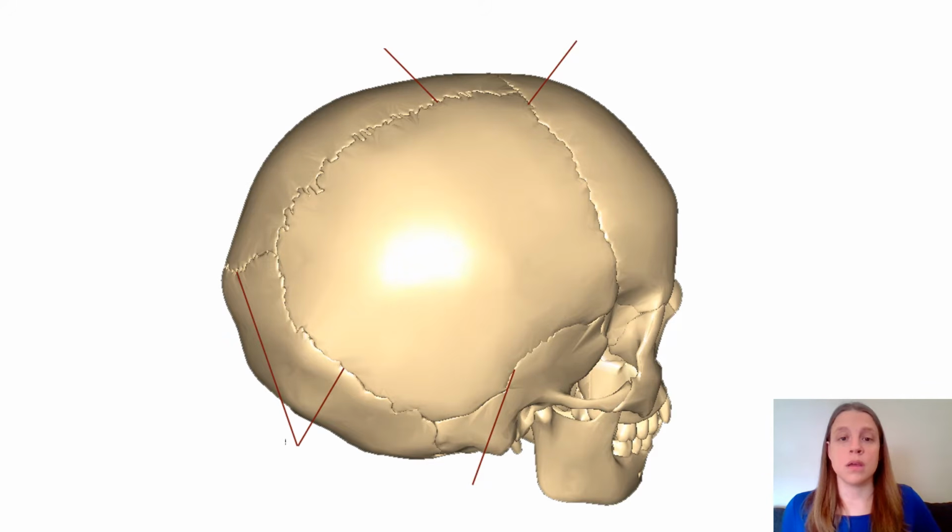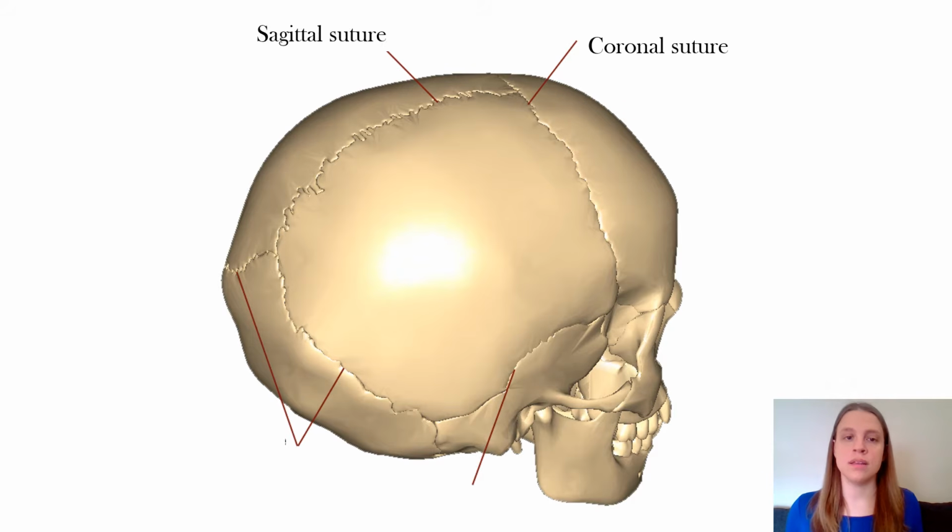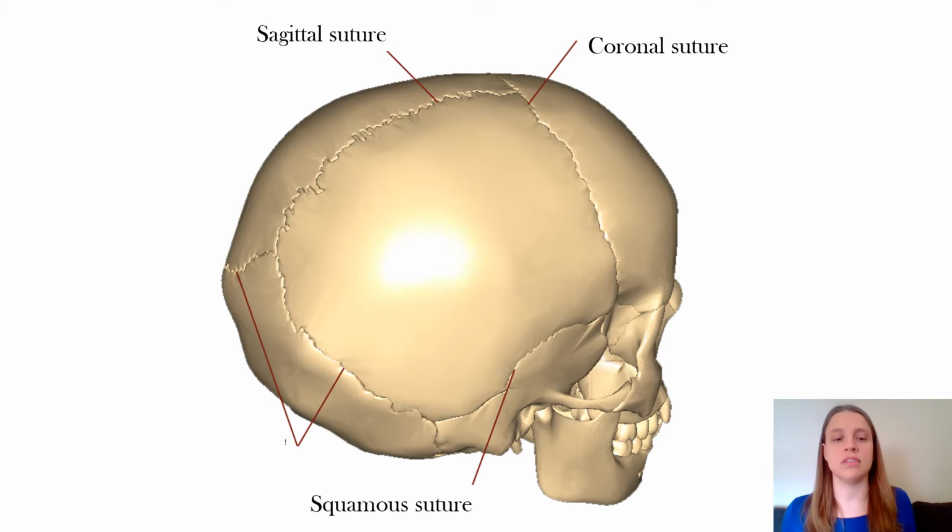So to start, you just need to know the sutures. Separating the frontal bone from the parietal bones is the coronal suture. Separating the parietal bones, you have the sagittal suture. Then separating the temporal from the parietal bones is the squamous suture.